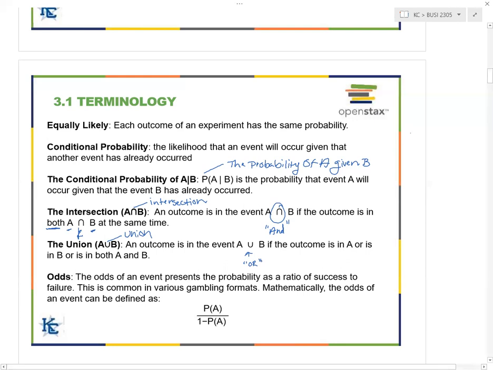So you have to realize that probability is represented by a fraction or a decimal, which makes sense, right? Because it falls between 0 and 1. And then the chance of something happening is a percent.